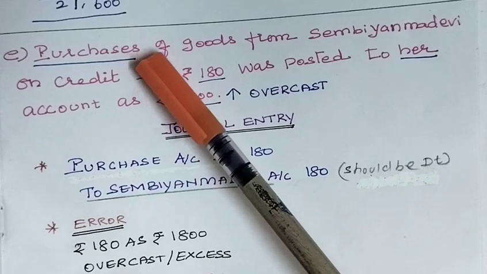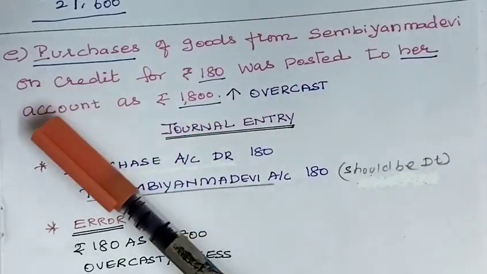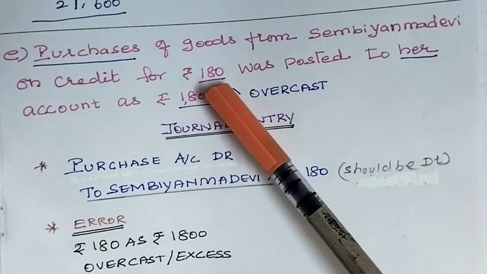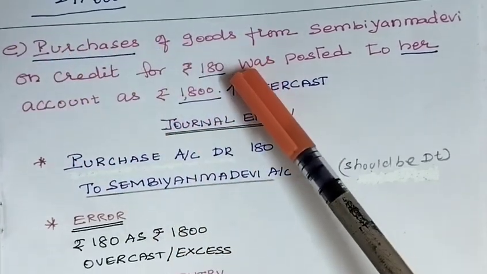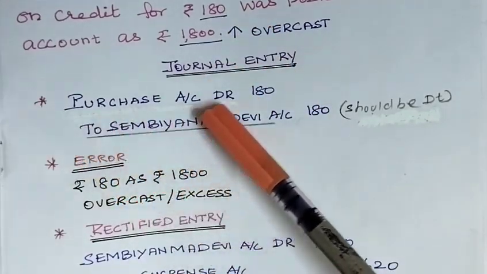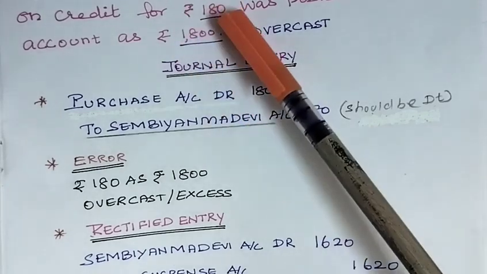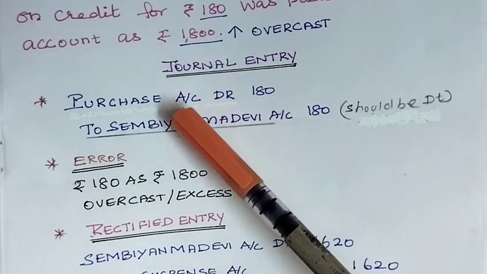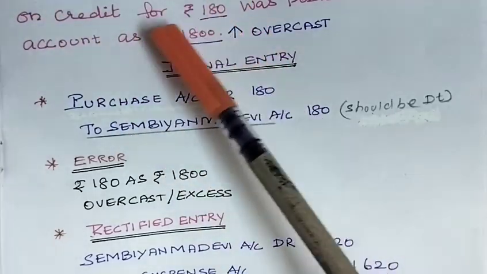When you purchased goods from Sembian Madevi on credit for rupees 180. Okay. What is the actual journal entry? Purchases account debtor to Sembian Madevi account 180 rupees we entered. This is the actual journal entry.